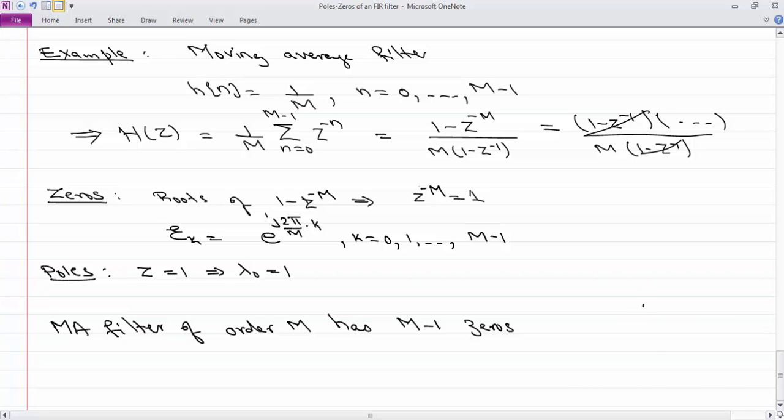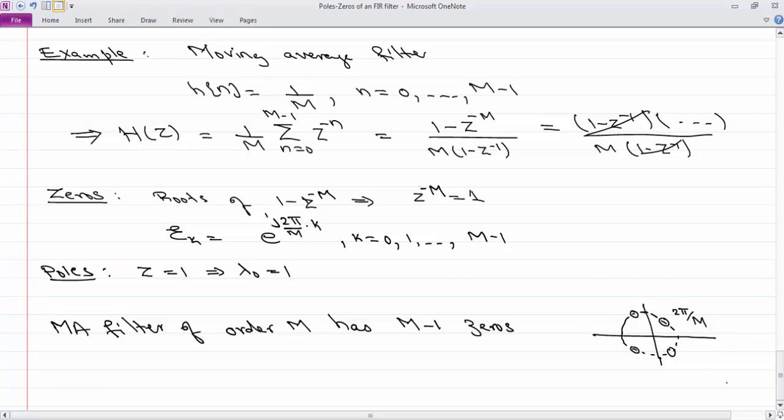So first of all, the zeros are on the unit circle. All the zeros of a moving average filter are on the unit circle, and they are separated by 2 pi over m. So this is 2 pi over m, and you keep on going, right? But you don't have any zero around omega equal to 0 because of the pole-zero cancellation.